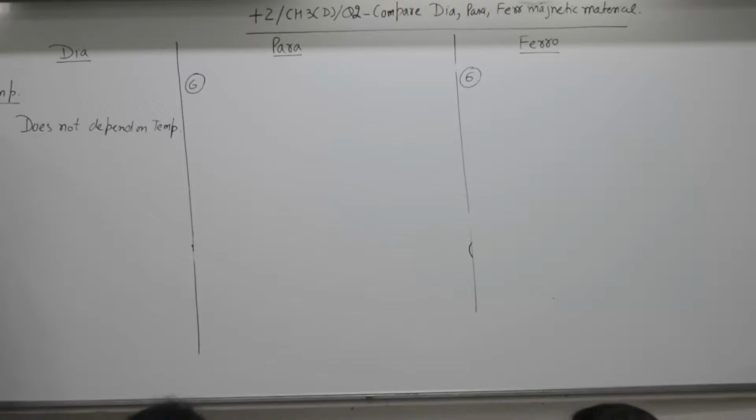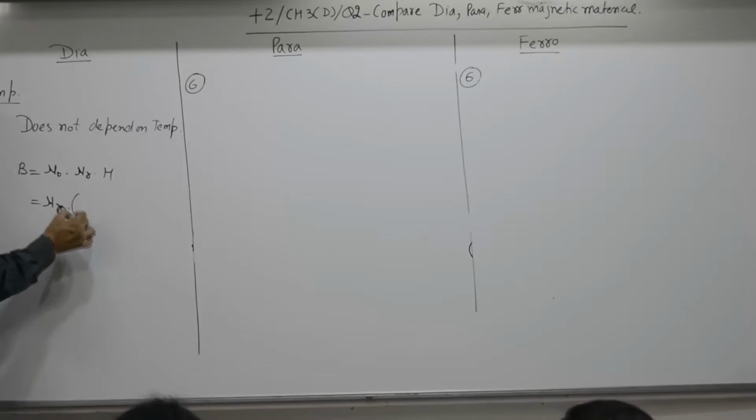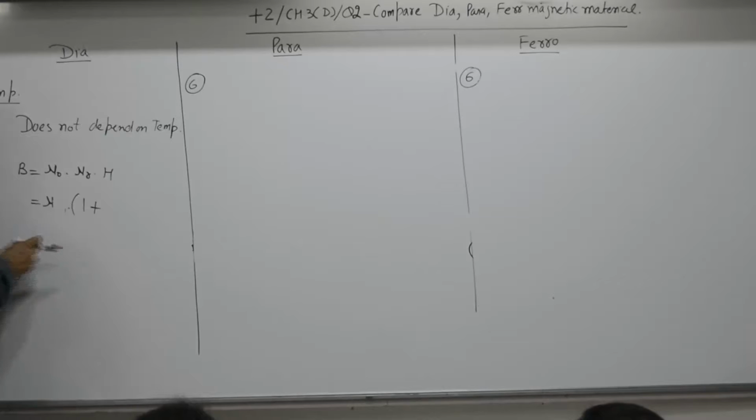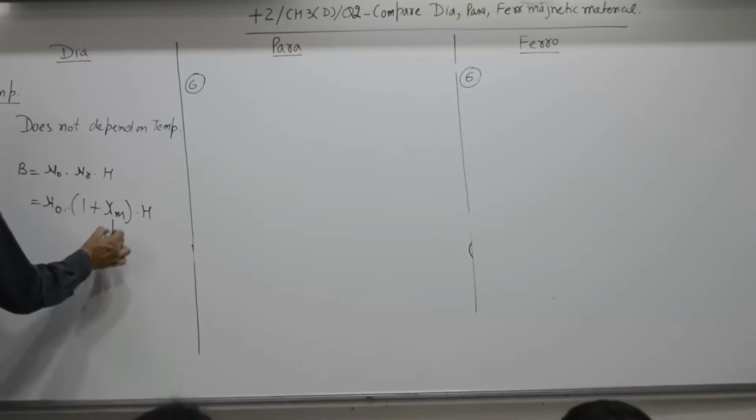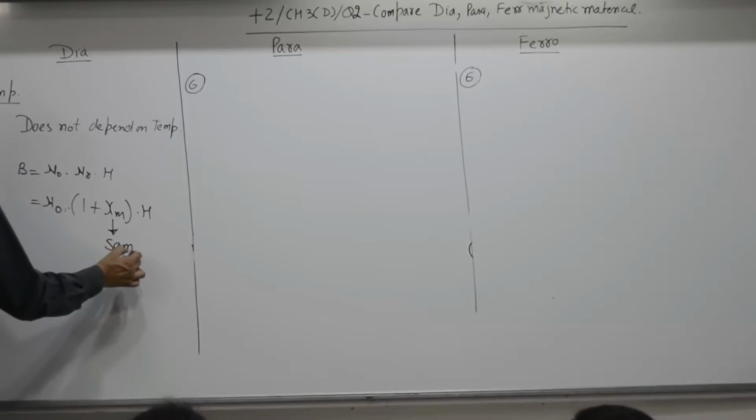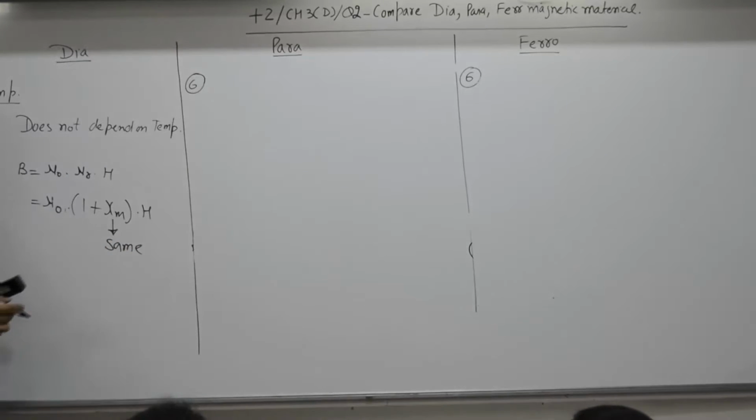That means the value of mu r or susceptibility, B is equal to mu naught mu r into H, where mu r is 1 plus susceptibility times H, remains almost constant and does not vary with temperature.